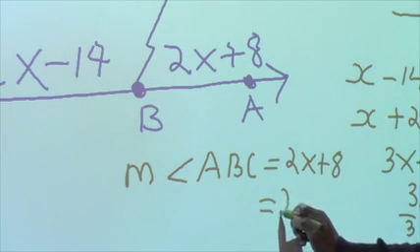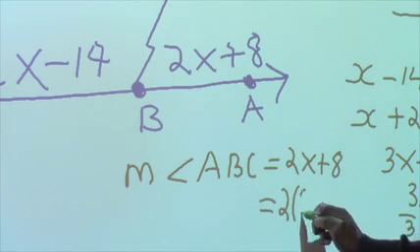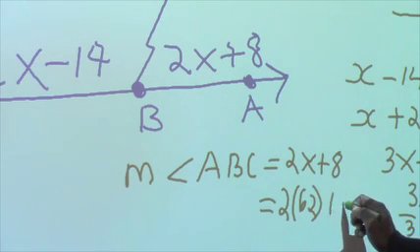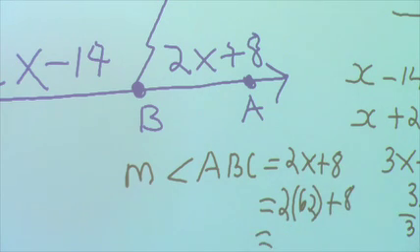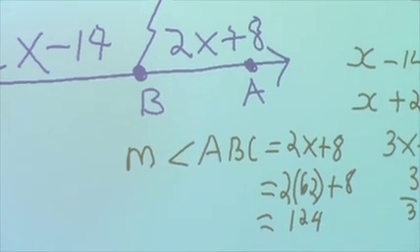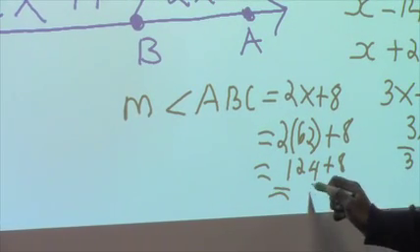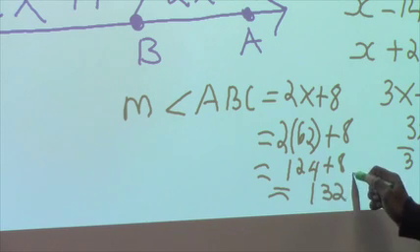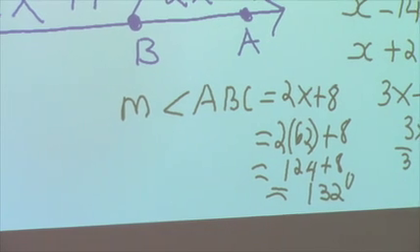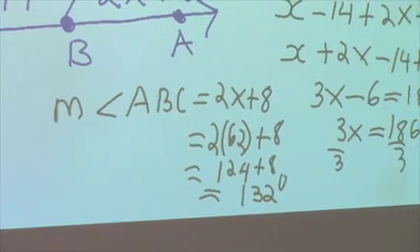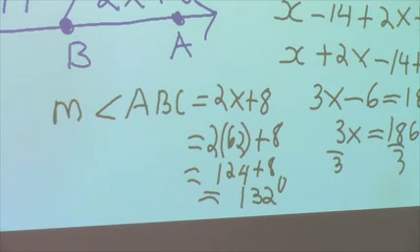So we'll do 2 times, our x is what? 62, plus 8. 2 times 62, that's going to be 2 times 2 is 4, 2 times 6 is 12. That's 124, plus 8. So that's going to be 132 degrees.